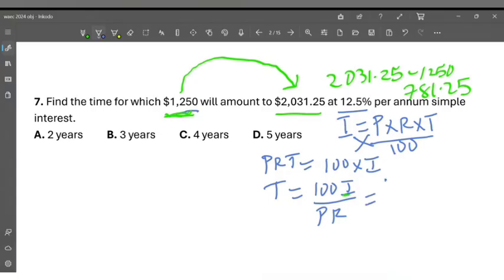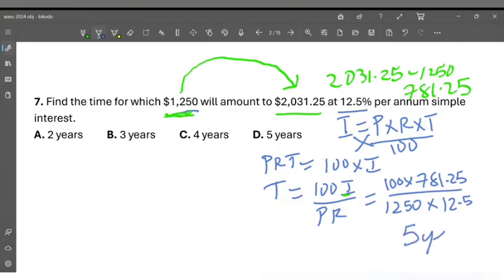So our time is equal to 100 times 781.25 all over the principal, which was given in the question, 1,250, times the rate, which is 12.5. When you punch all of these into your calculator, you multiply the top and multiply the bottom and you divide. You are going to get a total of 5 years as the time, which is option D.